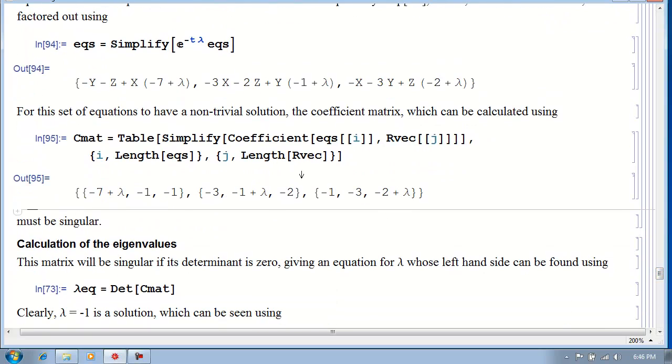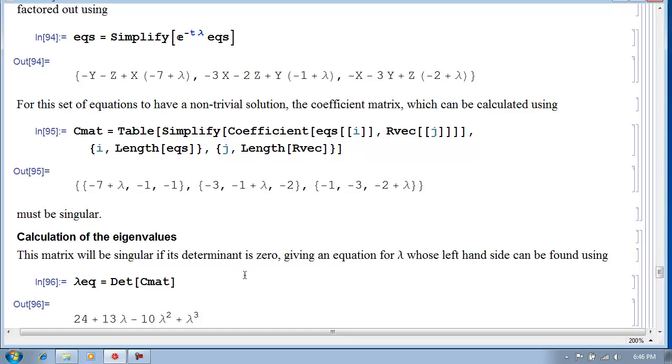And of course the condition that this set of homogeneous linear equations has a solution is that this matrix must be singular, which means of course that its determinant, or the determinant of the coefficient matrix, which we can calculate here, has to be zero.